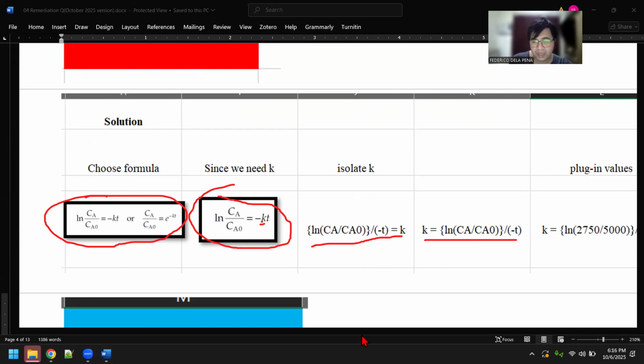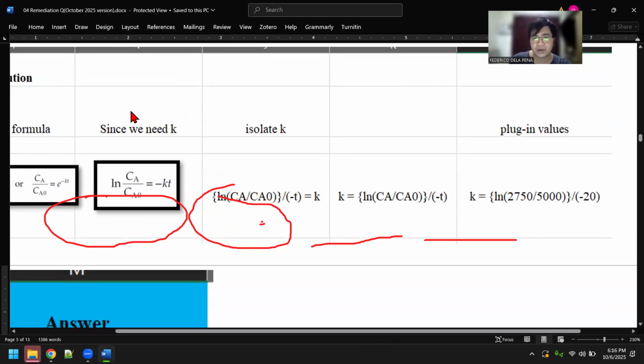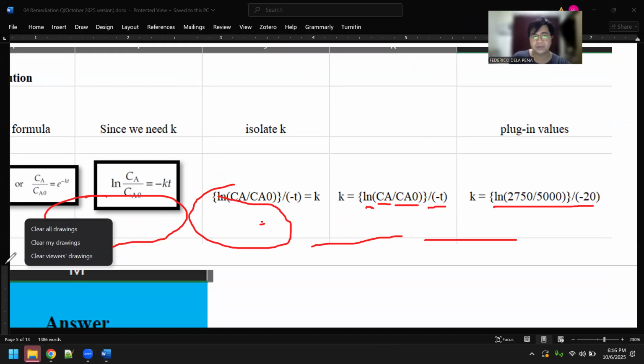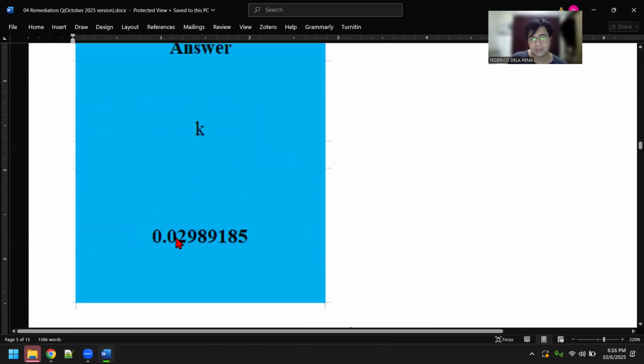Eventually K is going to be equal to the natural logarithm of the current concentration divided by the initial concentration, divided by the negative time. If you plug in the values, we will get a value of around 0.029, or approximately 0.03.